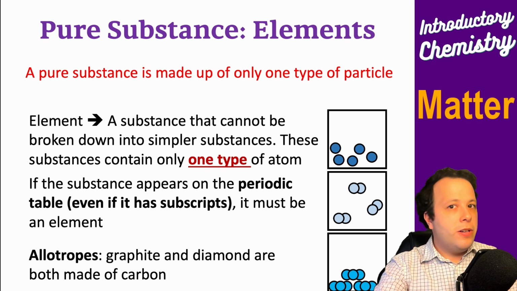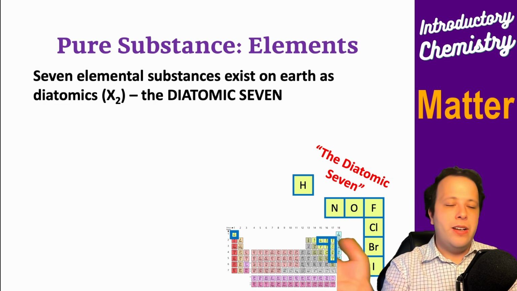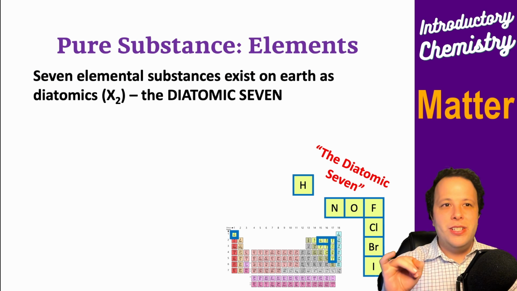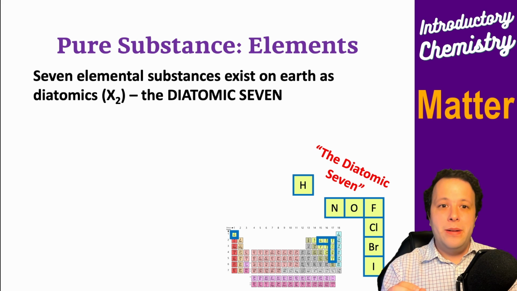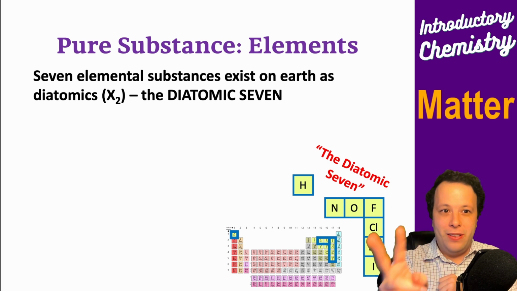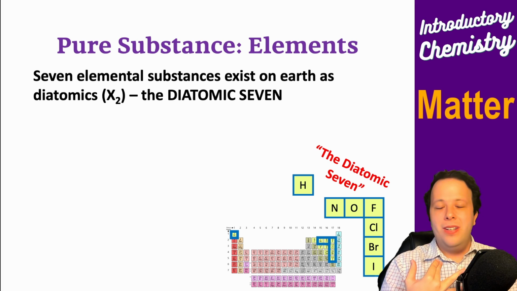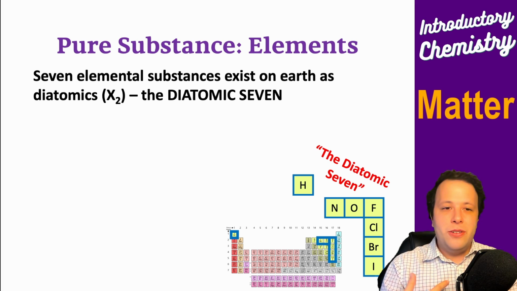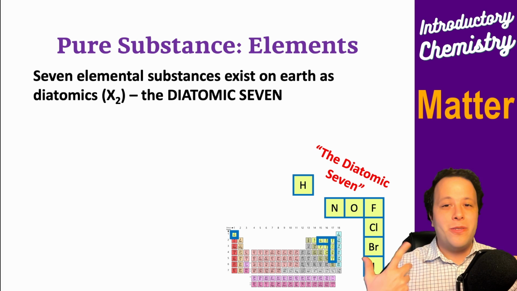Now, the most important pure elements for you to remember without having your periodic table is realizing that whenever an element bonds to itself, and there are only 2 of those atoms bound together, like O2, H2, N2, these are referred to as diatomics. There are 7 diatomic gases, so I refer to them as the diatomic 7.